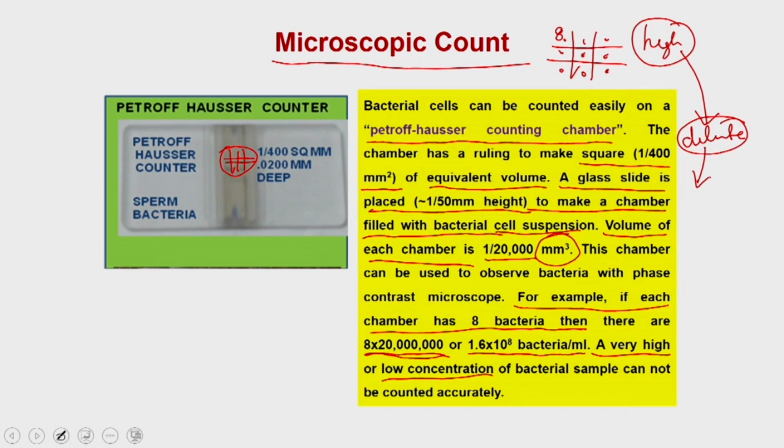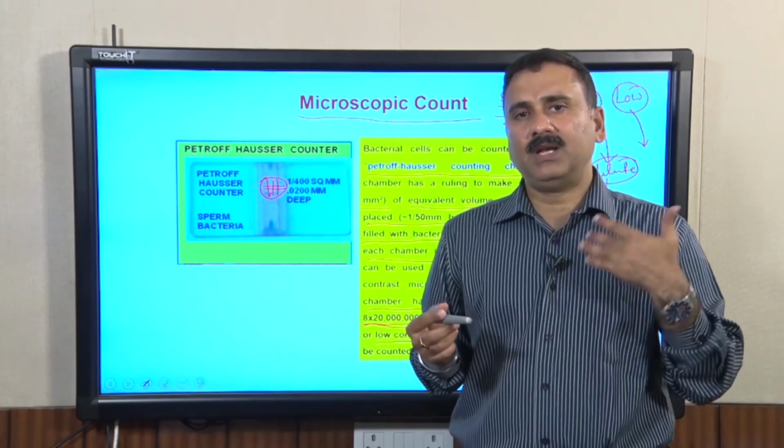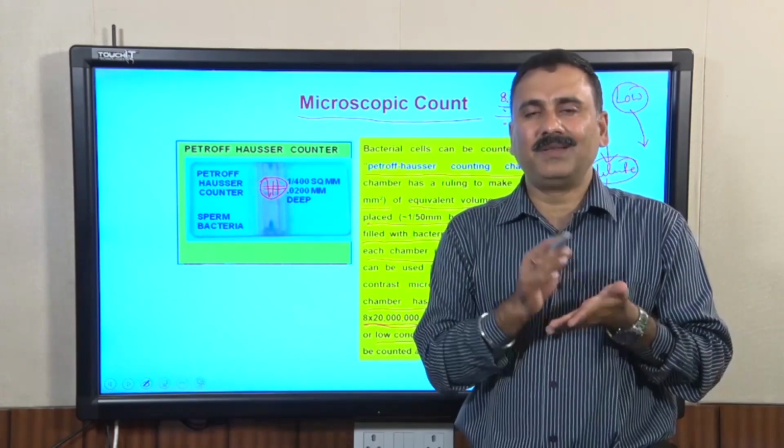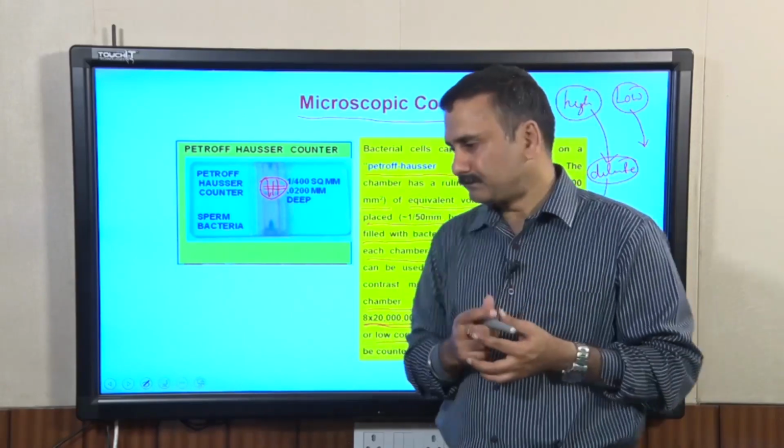If it is a very low number, you have to concentrate it and use more volume, so that the number of bacteria present in each chamber is optimal, your counting is statistically significant, and you make fewer errors.